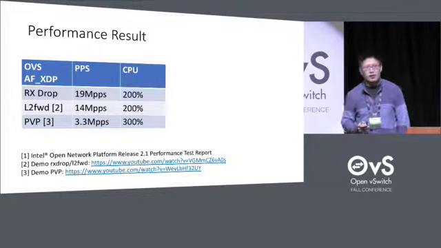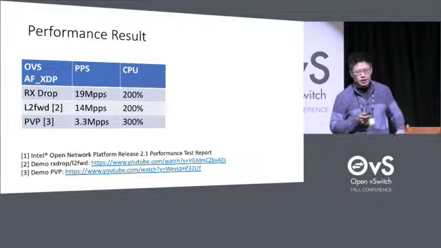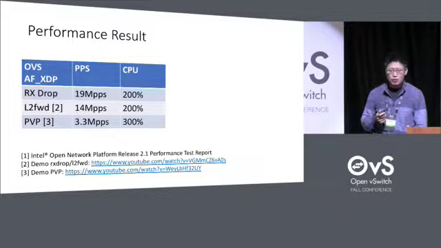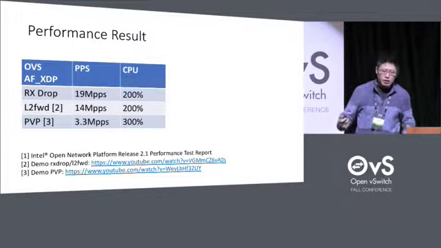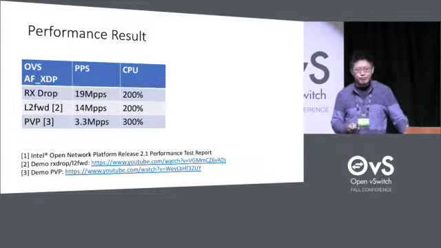So this slide summarizes the performance numbers. So for OVS AF_XDP, we can get 19 million packets per second for RX drop. For L2 forward, it's 14 million packets per second. For PVP, it's 3.3 million packets per second.